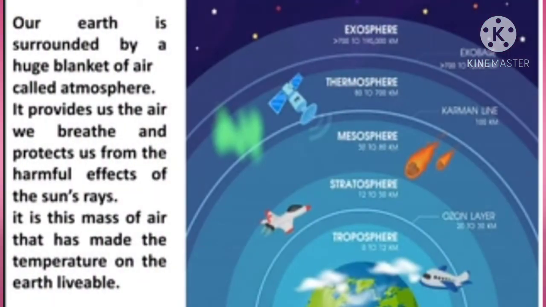Without this blanket of protection, we would be baked alive by the heat of the sun during the day and get frozen during the night. So, it is this mass of air that has made the temperature on the earth livable.